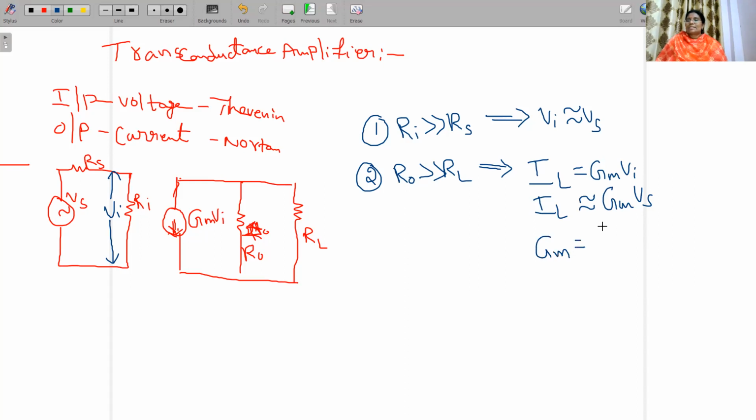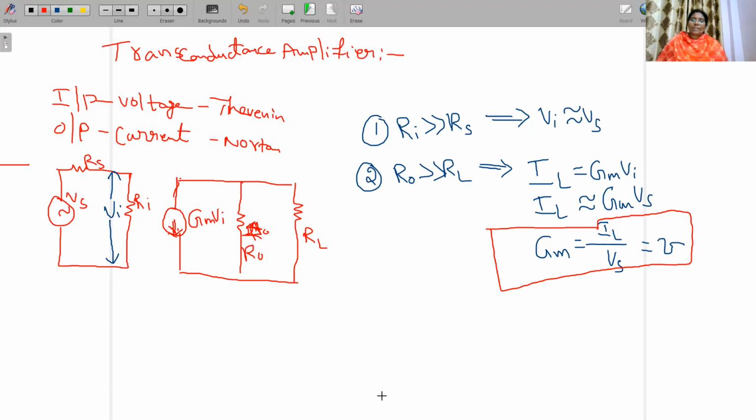The transconductance is equal to IL by Vs. So what are the units for the conductance? These are mhos. This is about the transconductance value. Gm is equal to I naught by Vs.